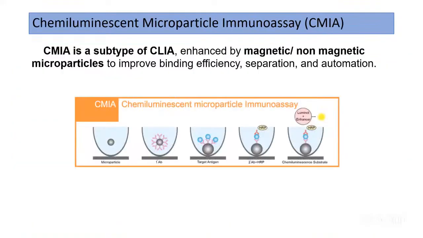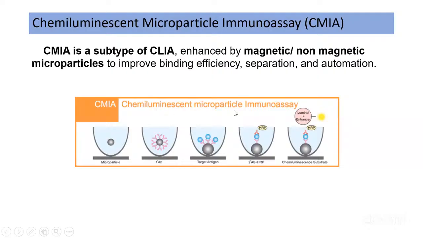Now, another one is the chemiluminescence microparticle assay. It is another subtype of CLIA only. We're mostly using magnetic beads, but sometimes we use non-magnetic microparticles also. So here, the wells are coated with the microparticles, then your antibody is coated over here, the target antigen comes, again the conjugate antibody with the HRP you are giving, and you are giving a substrate, luminol or whatever, direct or indirect, and you are getting the light.